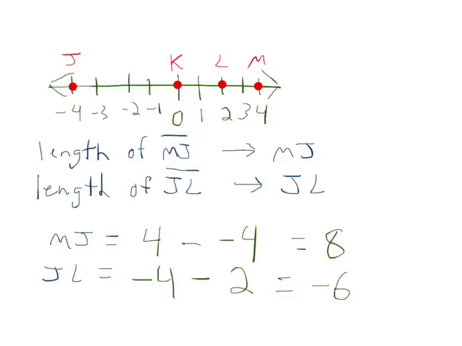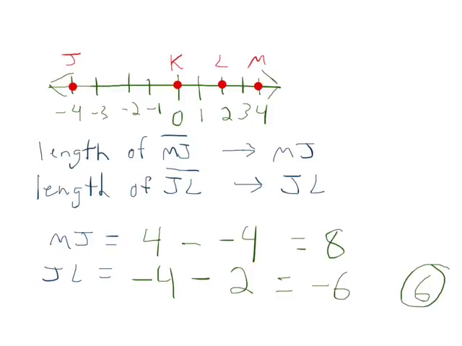Now, keep in mind we're dealing with length, and length is always going to be a positive value. There's no such thing as a negative length. Because of that, I just take the absolute value of whatever is given to me. So if it's -6, I'm going to make it into +6. So the length of JL is going to be 6.